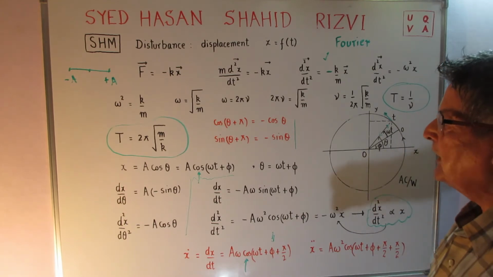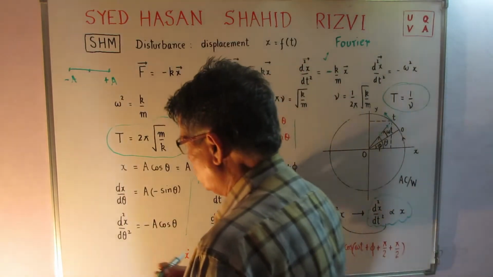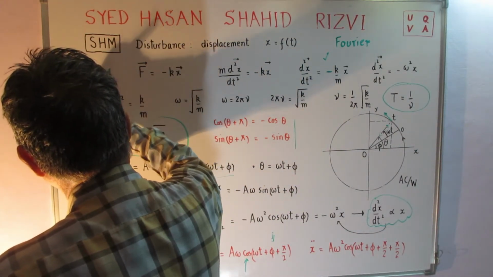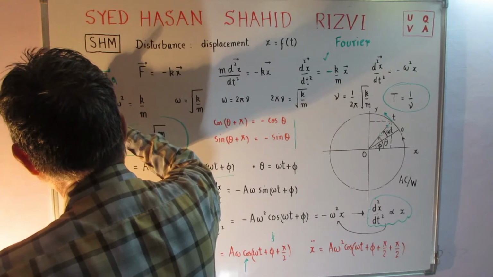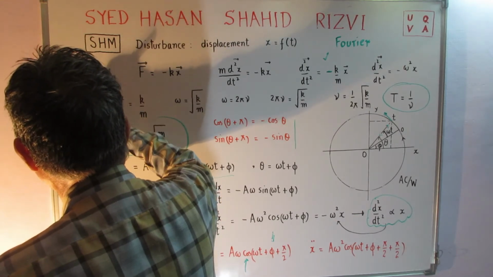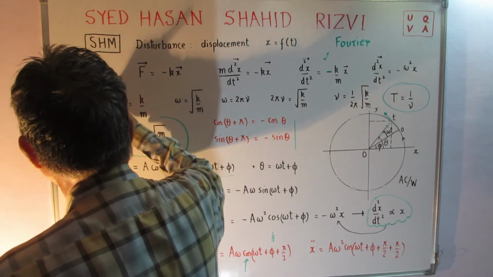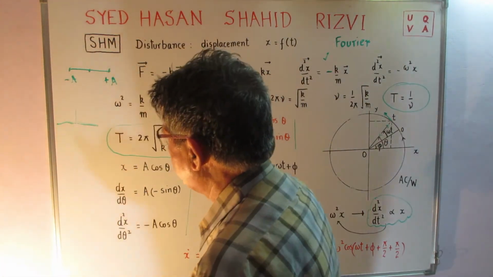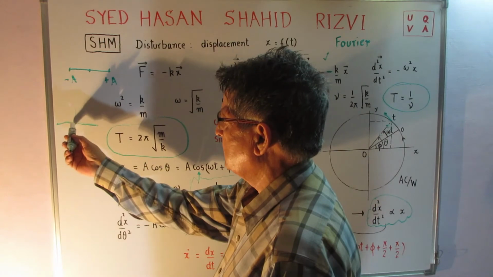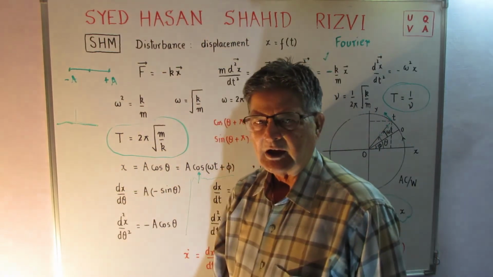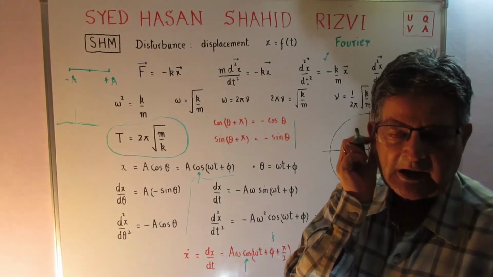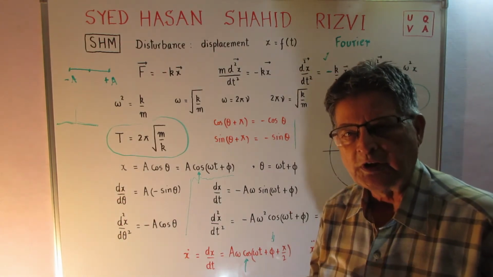So I can make it for you that if I have this, then I have this. This is the displacement, this is the velocity, and this one is the acceleration, and the velocity, displacement and acceleration oppose each other.